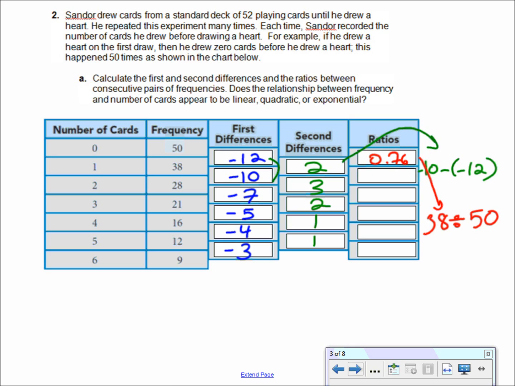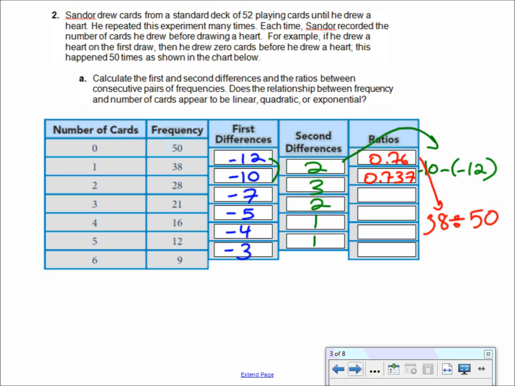Then 28 divided by 38, so 0.74. Then 0.7, I'm just going to do 36 or 37. Really, my consistency here is if I keep getting 0.7, 0.7, 0.7. Because that's close.